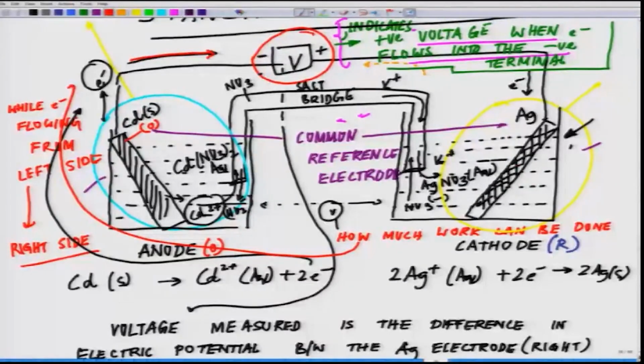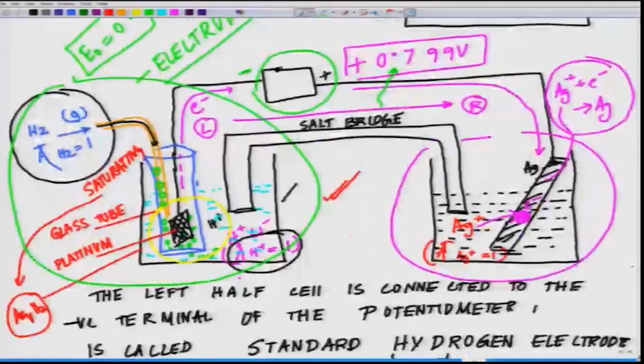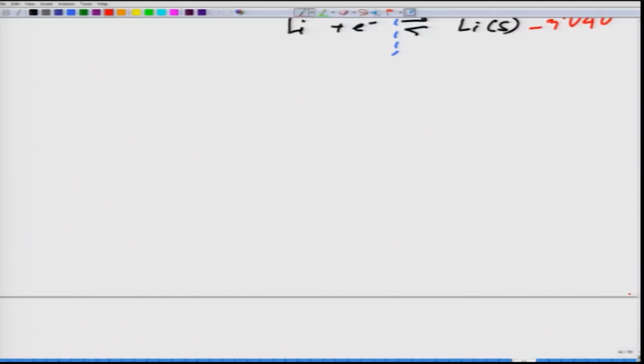Then we had this standard hydrogen electrode. Out here we showed the electron from the standard hydrogen electrode moves and reduces the silver. Now, how could we figure that out? Because our voltage was showing the negative terminal electrode is reaching. Now, I give you a situation where again we have the same setup.